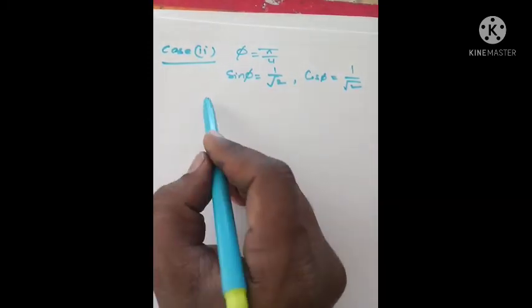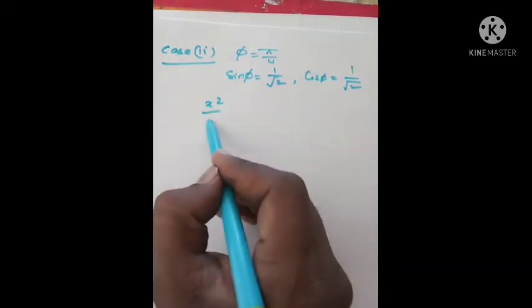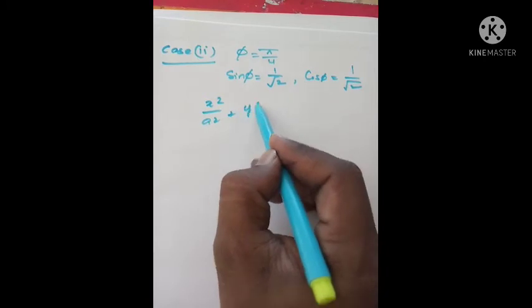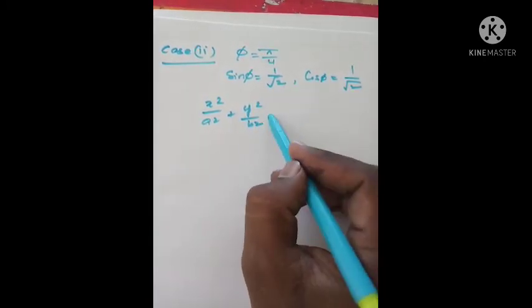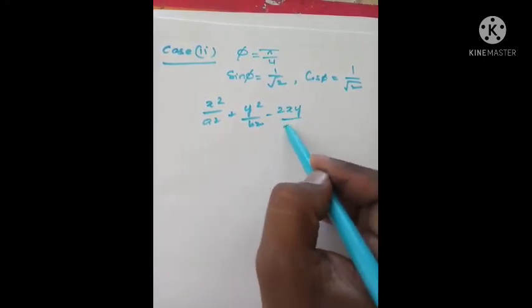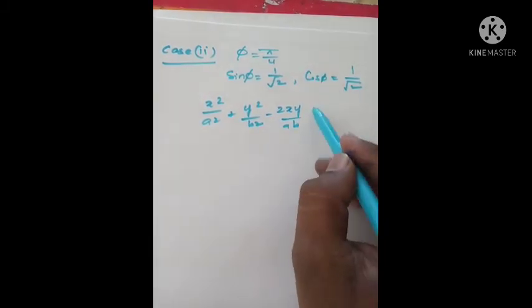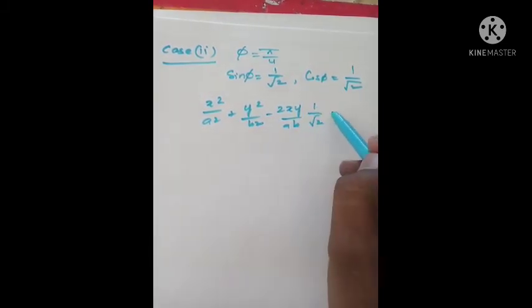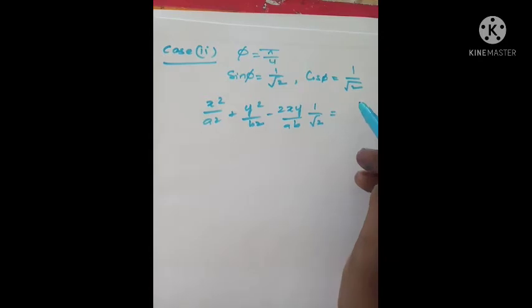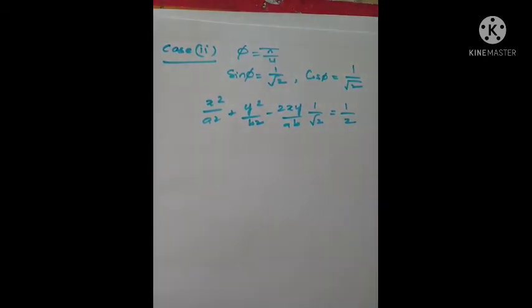Now the resultant equation can be written as x square by a square plus y square by b square minus 2xy by ab into 1 by root 2 equals sine square phi, which gives 1 by 2.